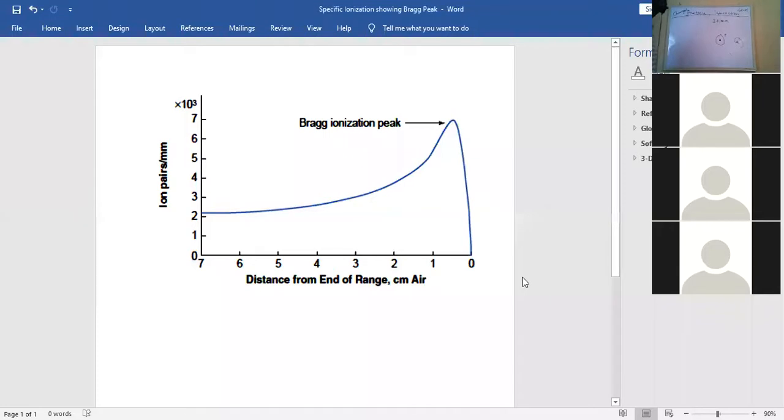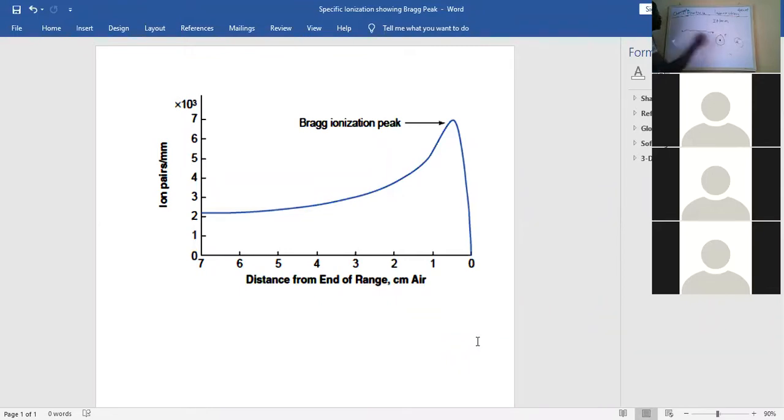But something very important happens at the tail end of that charged particle. As it ends, maybe we are looking at 1 millimeter.